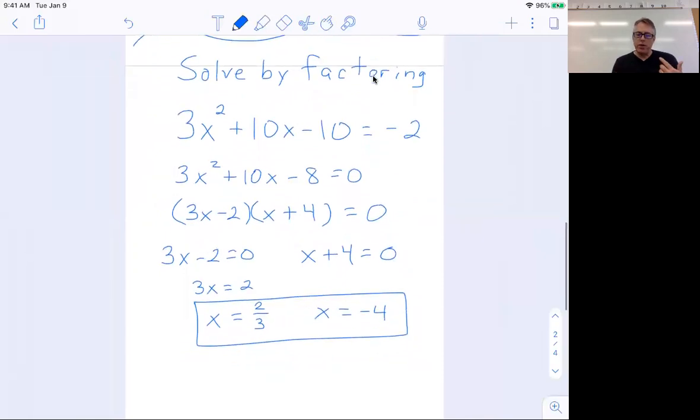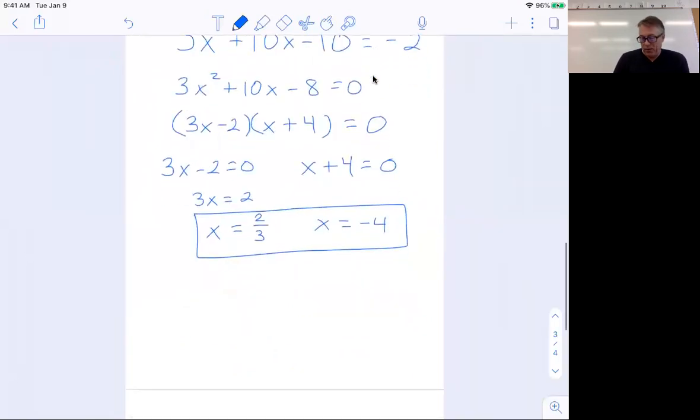Now, one connection I would like you guys to just start maybe getting in your head is, okay, that tells us something graphically. If I think about this graph, I know x squared, it's a parabola. There's a positive leading coefficient, so it's going to open upward. It's going to hit the x-axis at 2/3 and at -4. So I have a little bit of a visual.